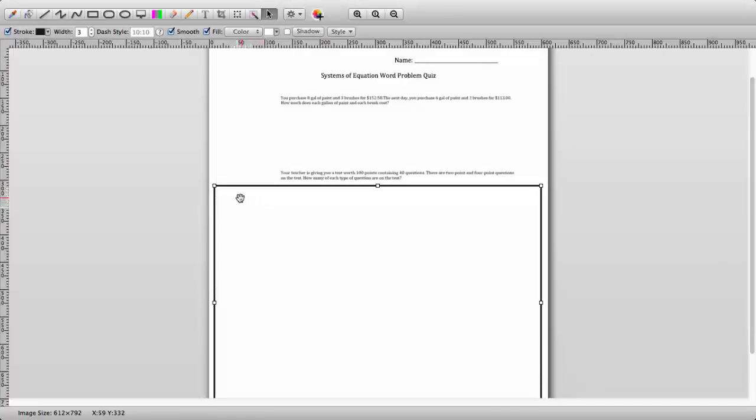So I will define my variables as T will be my number of 2-point questions, and F will be my number of 4-point questions.